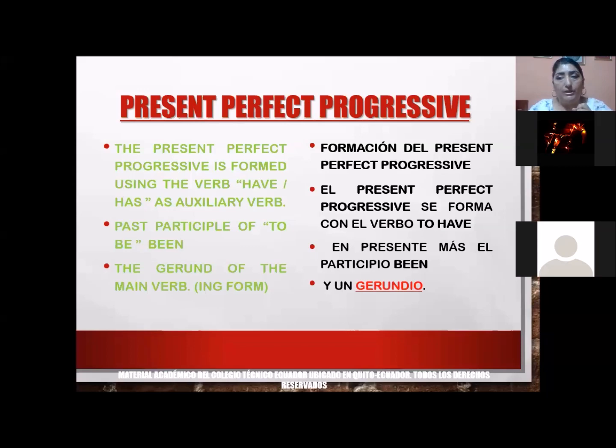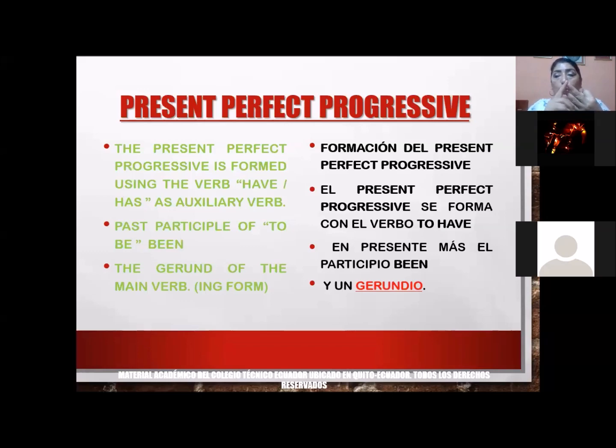It is very important to have the verb to be. First, the subject, then the auxiliary verb. What is the auxiliary? Have, with its form has for third persons, and then the past participle of to be.